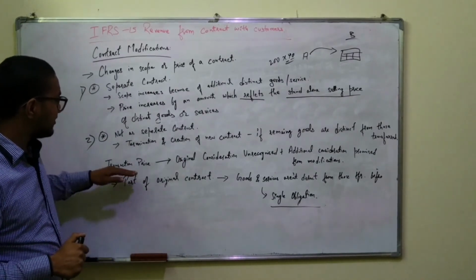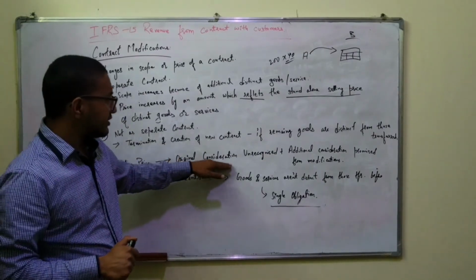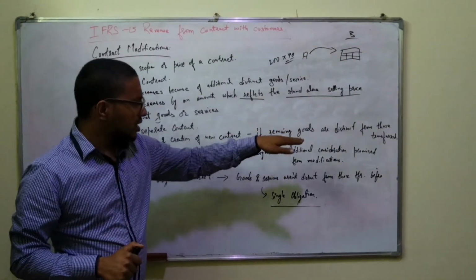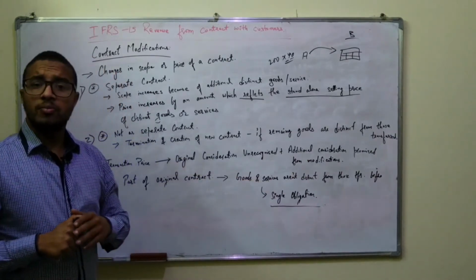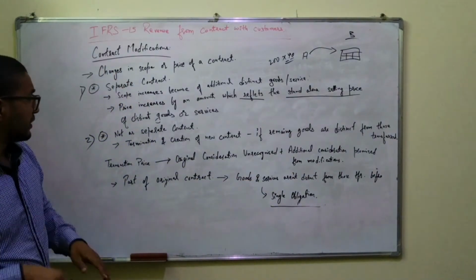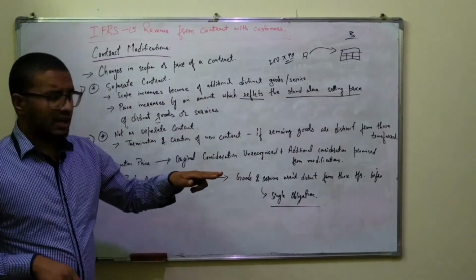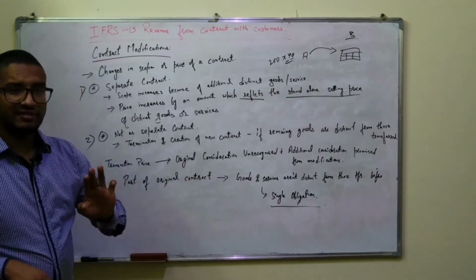So the transaction price in this case would be the original consideration unrecognized plus the additional consideration promised from modifications. So we'll definitely look at a question and then this will be very clear for you.